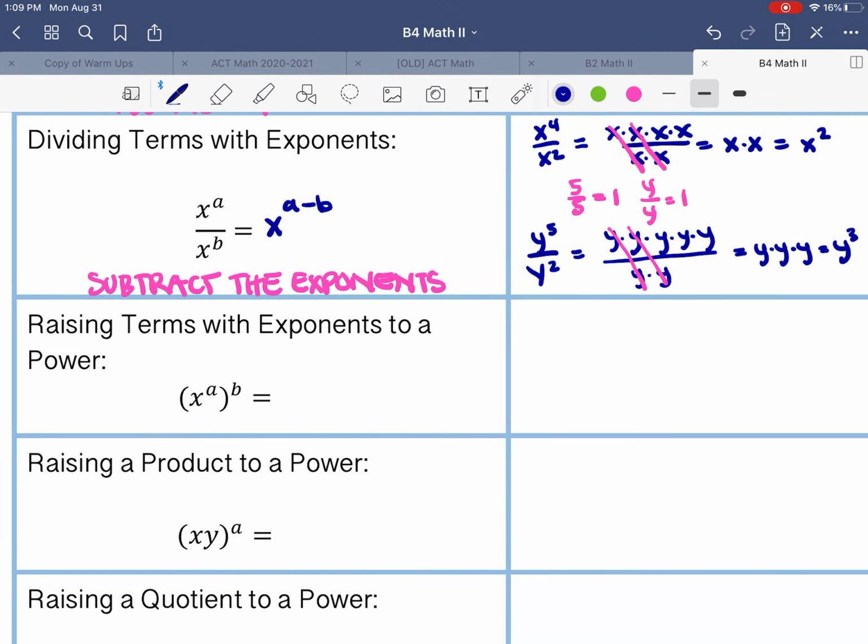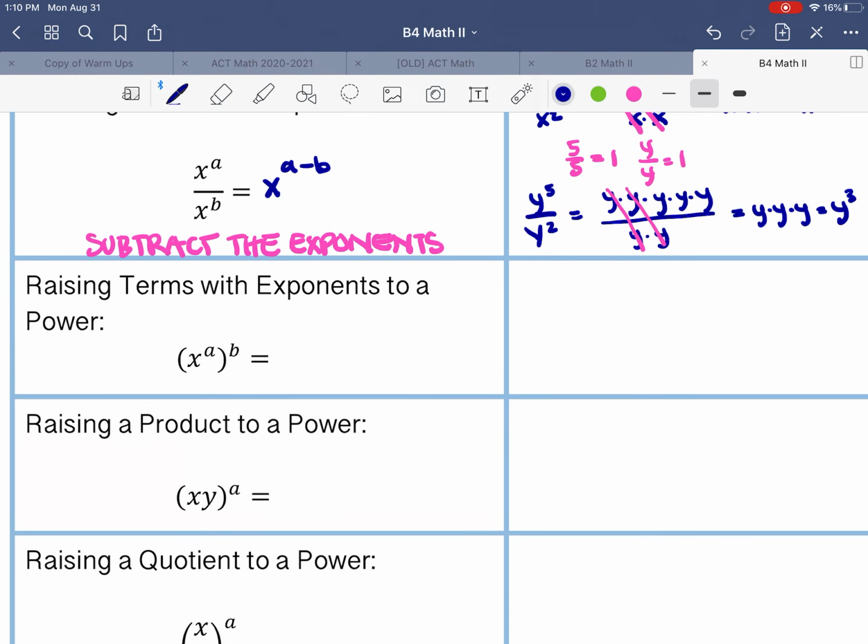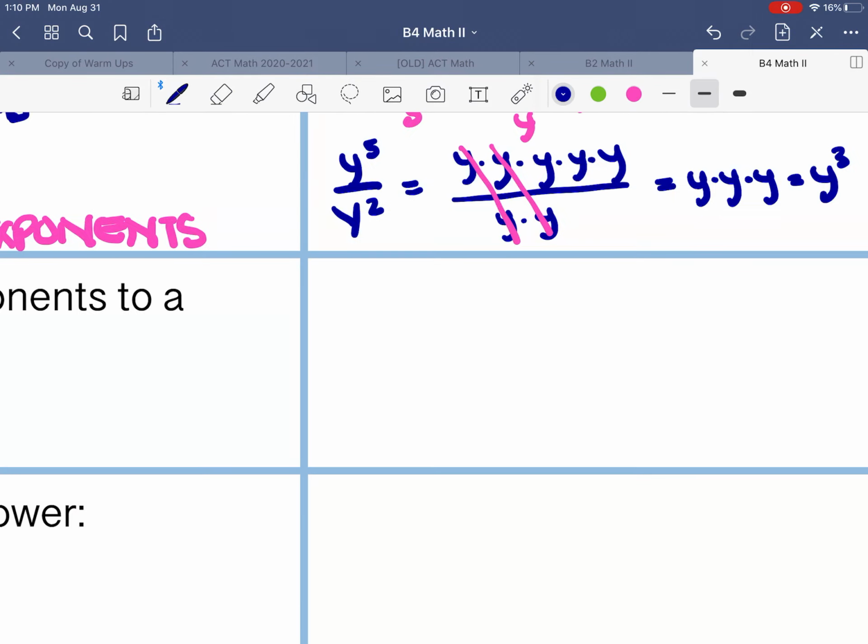Raising terms with exponents to a power. So anytime I talk about this later, I'll talk about it using the term power to a power, because there's layered exponents here, a and b. So you're taking x to the power of a, and then to the power of b. So an example might be x squared to the power of 3. And writing this out, x squared is 2 x's multiplied together.